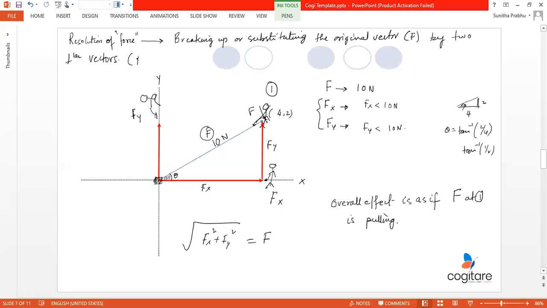In our case we have Fx and Fy. These are the two mutually perpendicular forces, vectors.